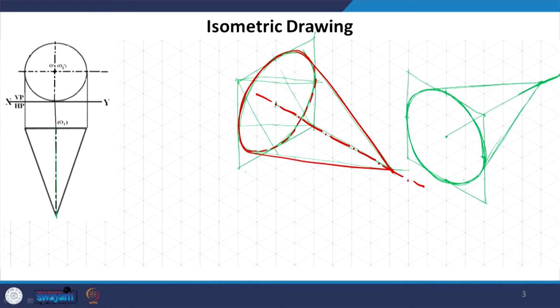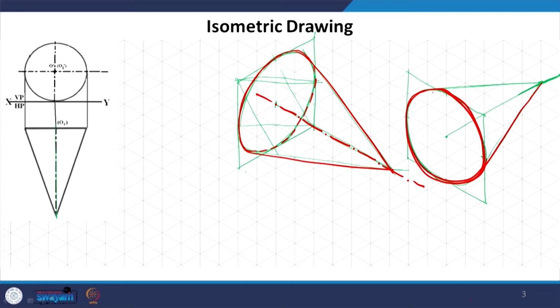This is how it will be seen, and if I finalize it, I change the color, and if I finalize it here, you can actually see how this is going to look. Unlike other cases, here we are seeing it from the side of the base.